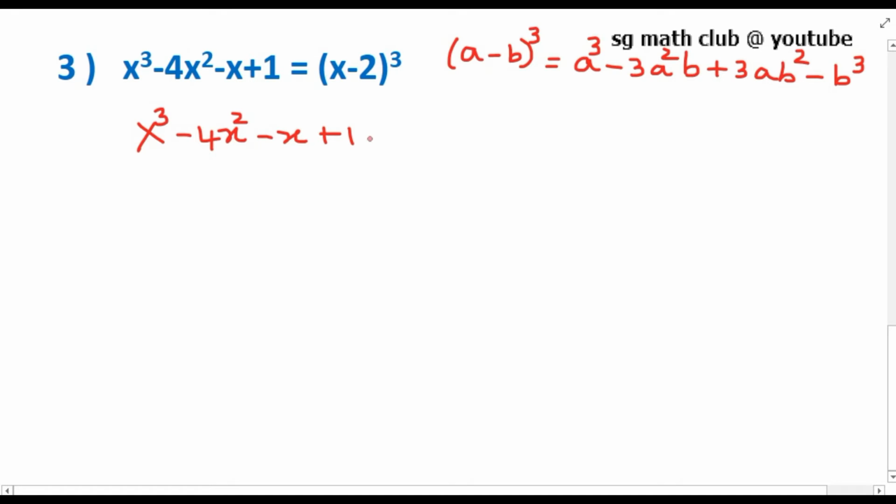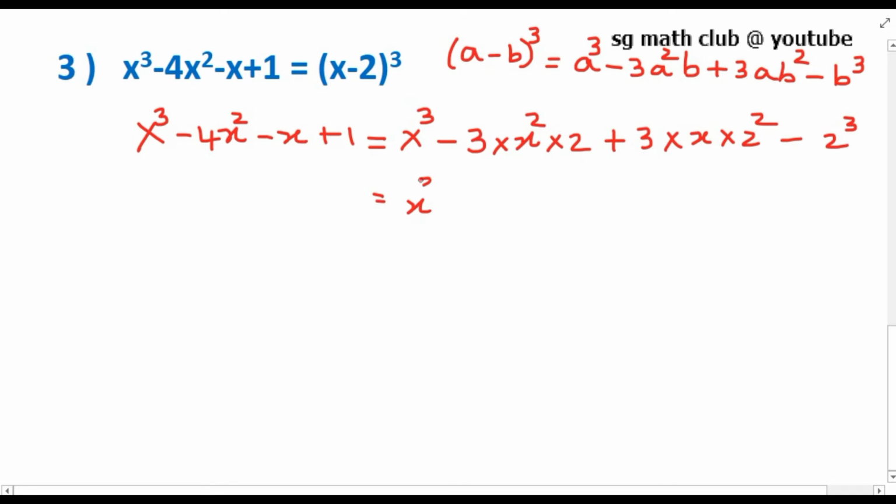So I can write the right hand side now, x cube minus 3 into x square into 2 plus 3 into x into 2 square minus 2 cube, which is equal to x cube minus 6x square plus 12x minus 8, and the left side is x cube minus 4x square minus x plus 1.